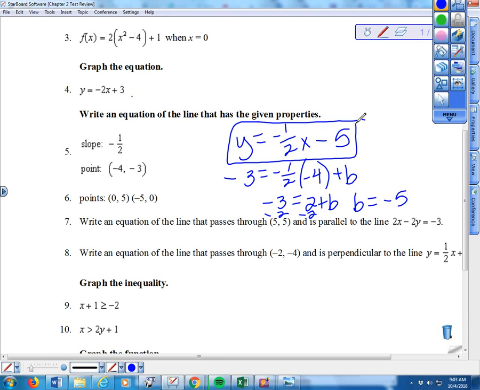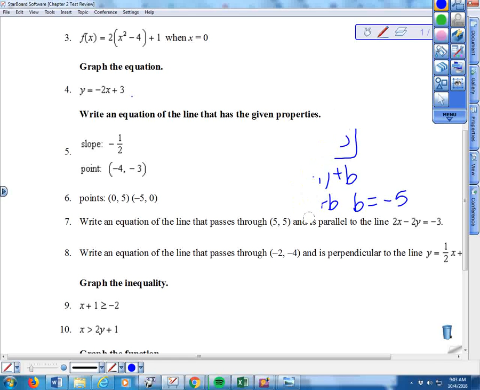Okay, now they give me 2 points. Is one the y-intercept? Yes. Which one? The first one, (0, 5)? Yep. So I know b. b is 5 in my equation, right?